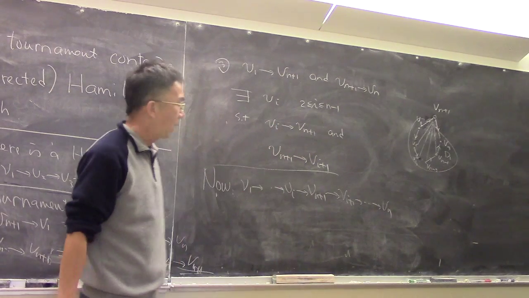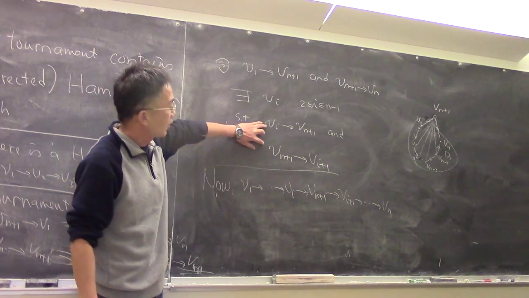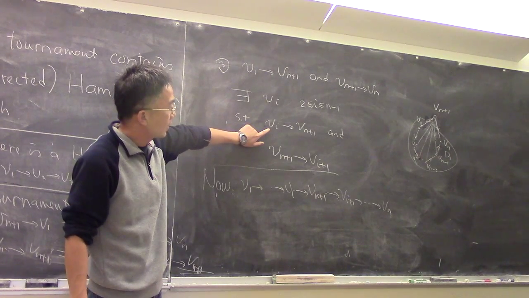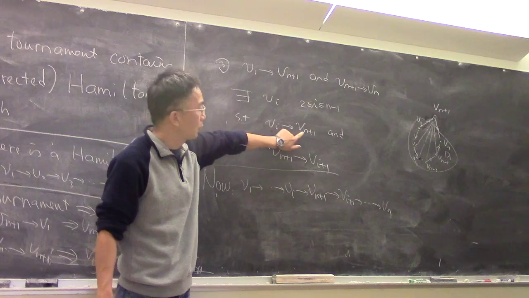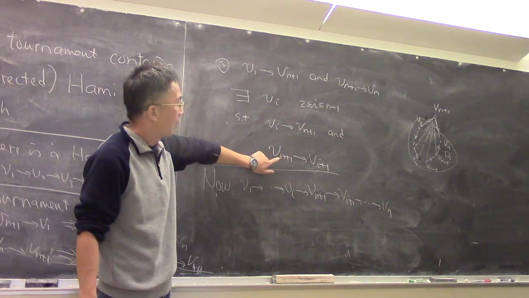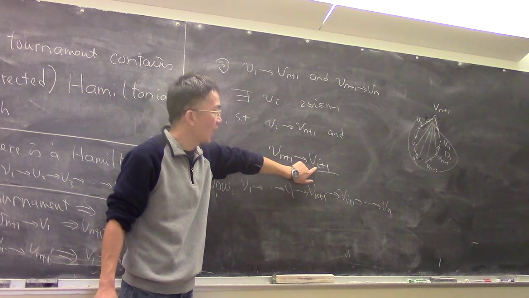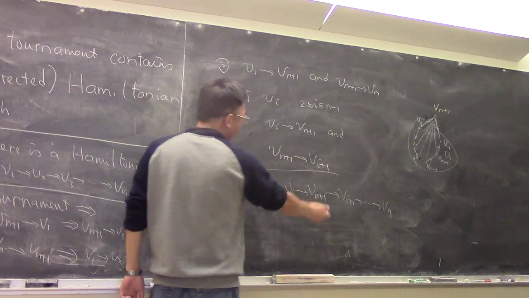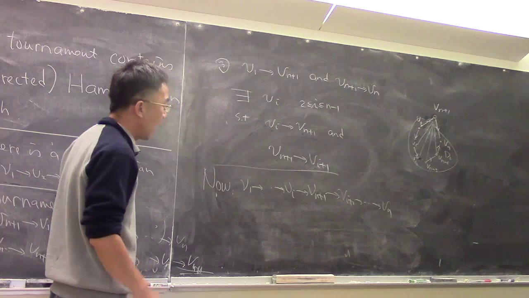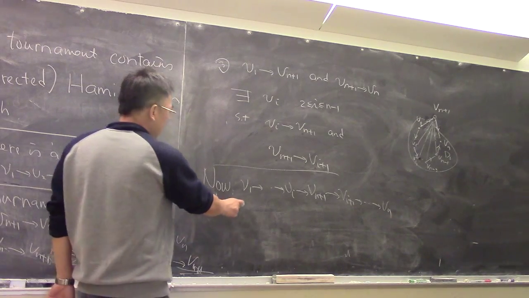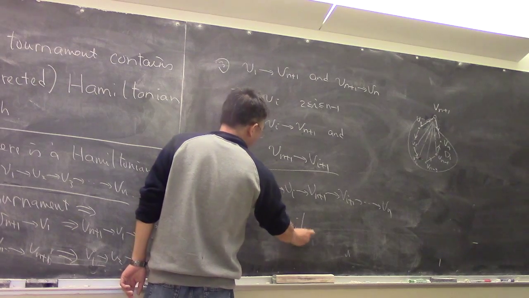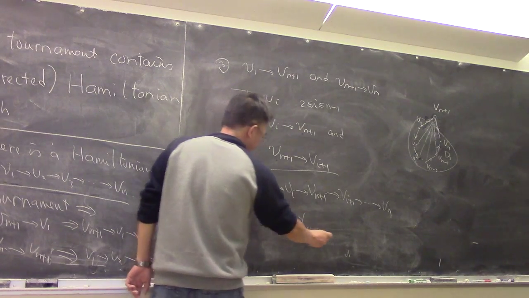And that's a Hamiltonian path, because you are able to see there's one arc from Vi to Vn plus 1, and from Vn plus 1 down to the next adjacent one, Vi plus 1. Now what you need to do is just add Vn plus 1 between Vi and Vi plus 1. You are able to obtain a Hamiltonian path.